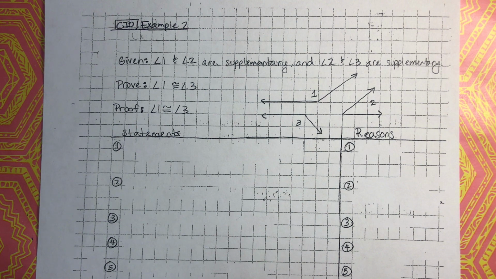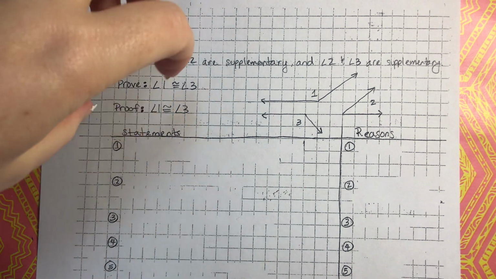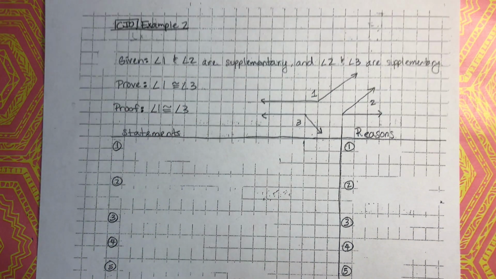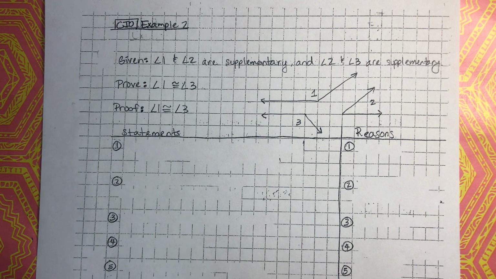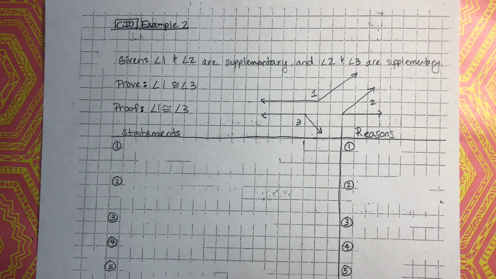Okay, so to do this, before we get started, whenever I like to start proofs, I like to try to just wrap my brain around what's going on by just using actual numbers.